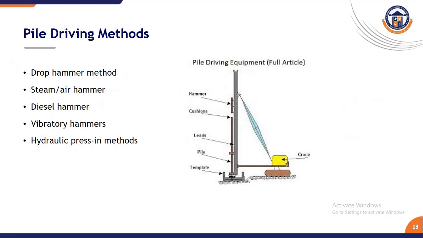For example, in a metro project inside cities, pressing systems are preferred to reduce disturbance to nearby buildings. Okay, this is a figure for your reference. Here, with hammer, piles, template and crane, the pile driving method will be done.